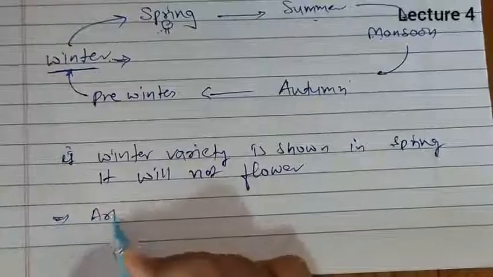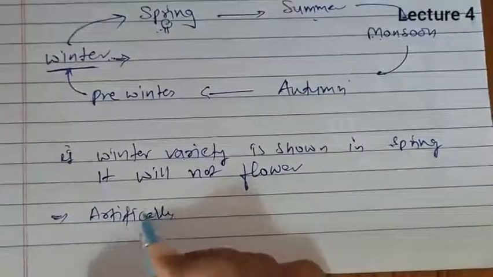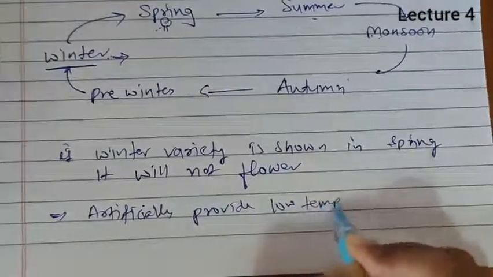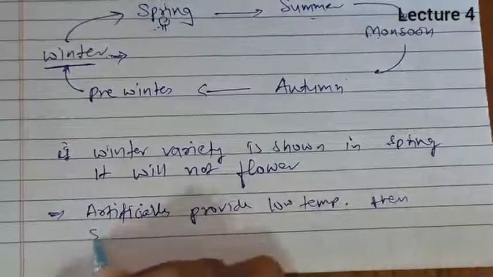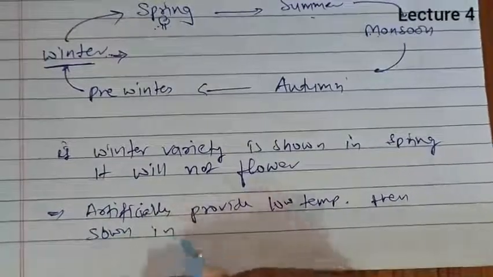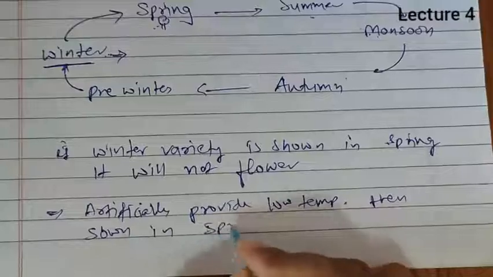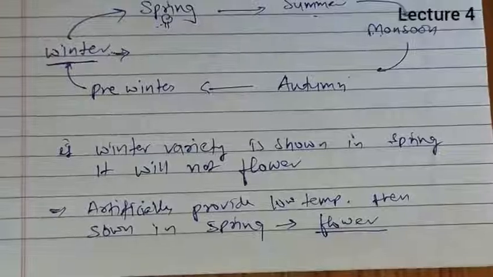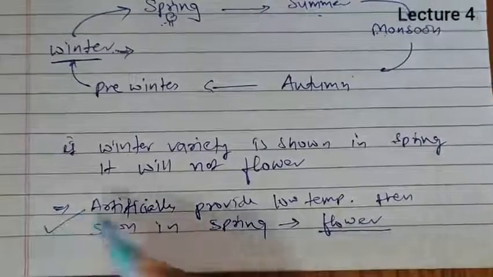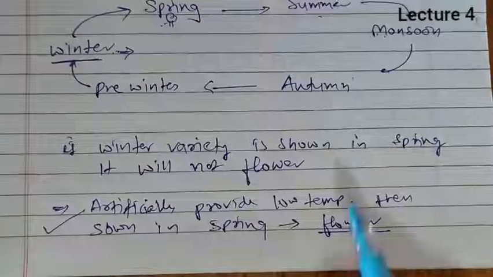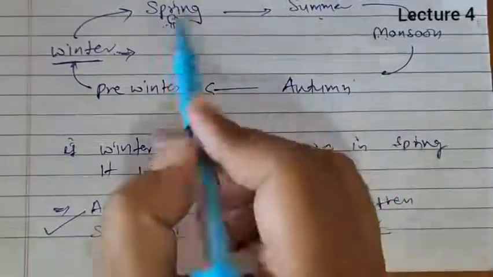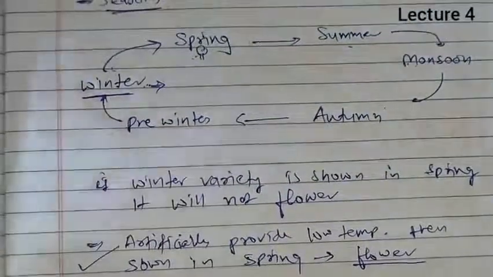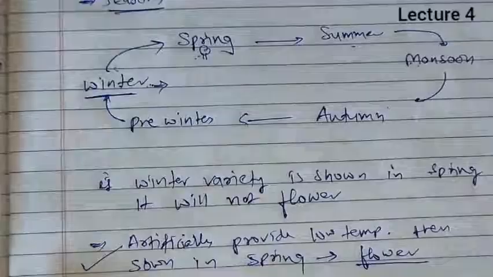So if we artificially provide low temperature and then sow it in spring, it will flower. It means they actually need a low temperature. And if we artificially provide a low temperature and then sow in the spring and it flowers, then the time period gets reduced in this second case. So it also helps to reduce the time period of flowering.